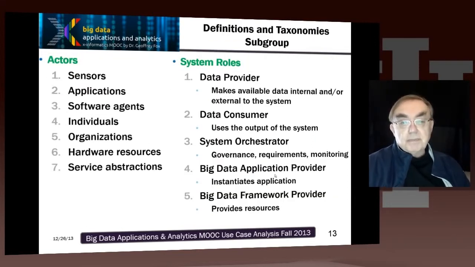Here are the actors and the roles. Actors are the components we need to bring together to do a big data system: the applications, the software subsystems, the sensors, the people, the organization, the various services. I mean, it says service abstractions.